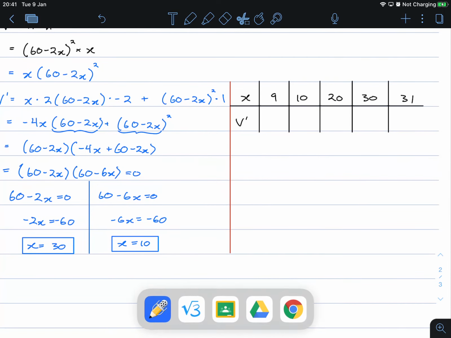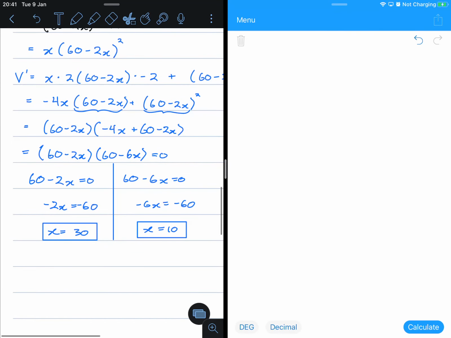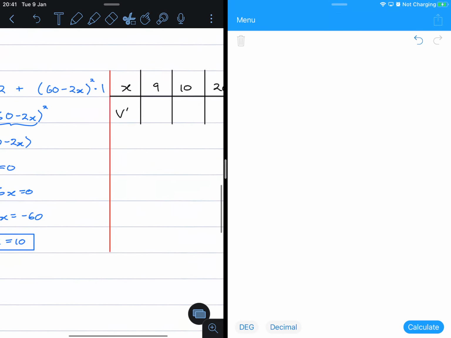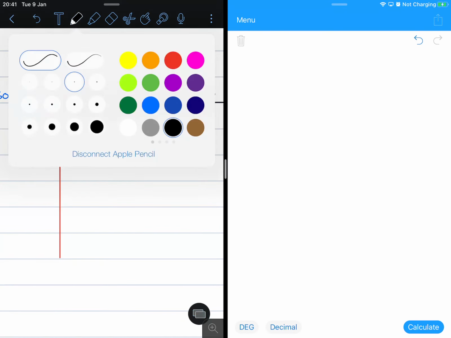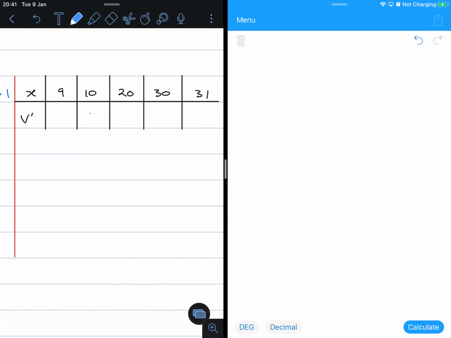So let's test these values out in our expression here. Before I continue, we already know that there are stationary points at 10 and 30. So the derivatives at these points are going to be 0. Those are stationary points. That's what the tangent will look like at those points.